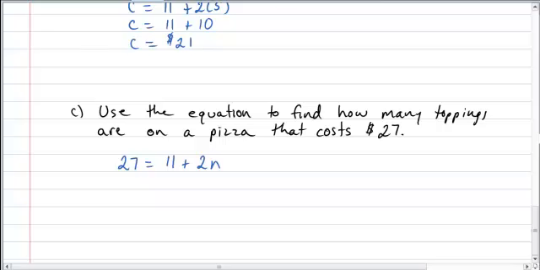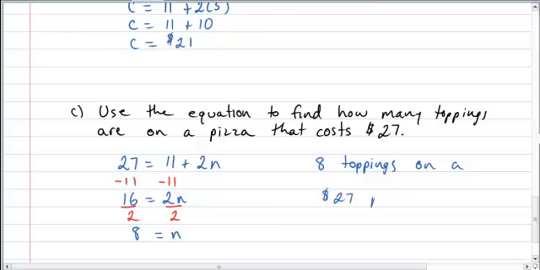So we would subtract 11 from here and 11 from here, and we'd end up with, what is that? 16 equals 2n, and then we divide by 2 and divide by 2, so that we eventually end up with n equals 8. All right? And so there are 8 toppings on a $27 pizza.